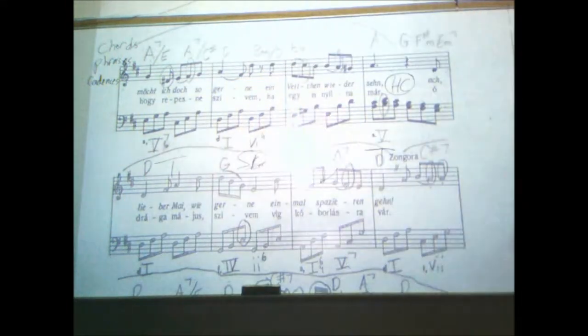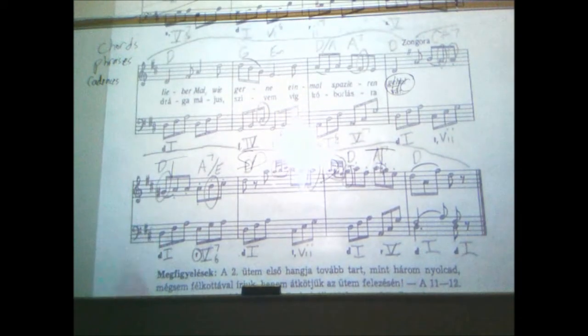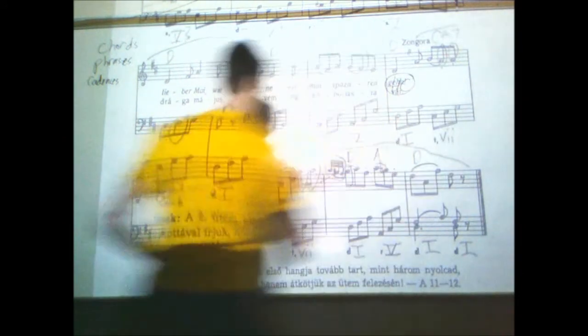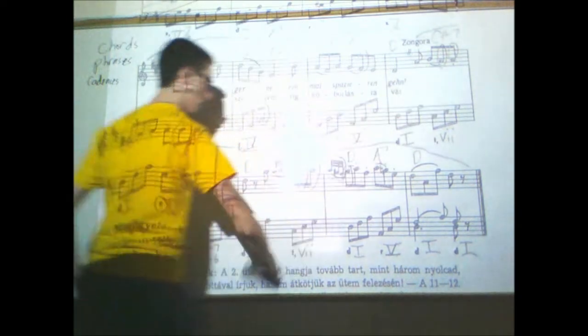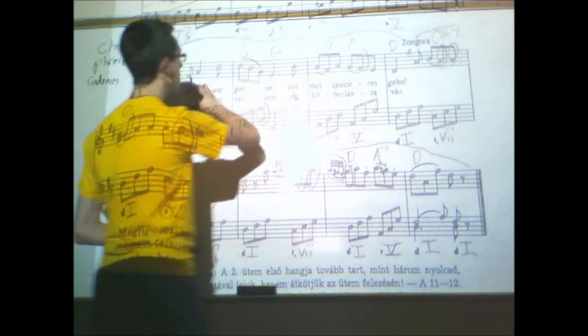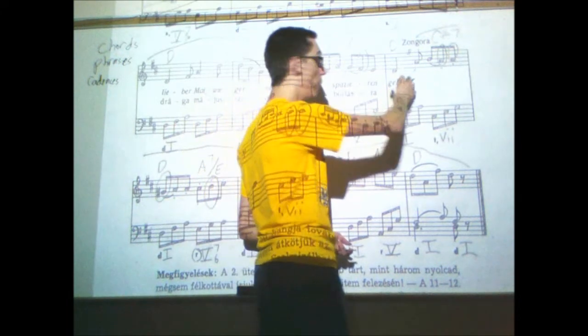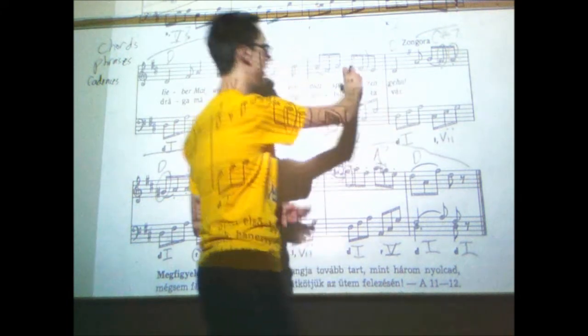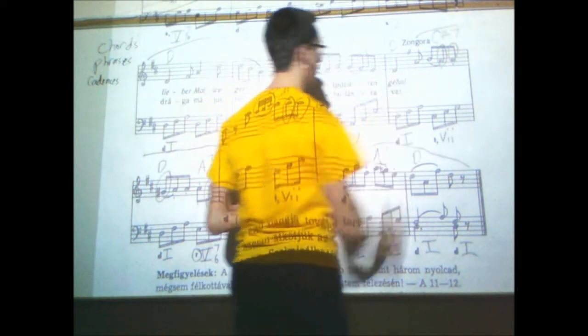All right, the next line. First, we can figure out what kind of cadence that is up here, what just ended. Now it went do, fa, sol, do, do, and here it goes so, fa, mi, re, do.